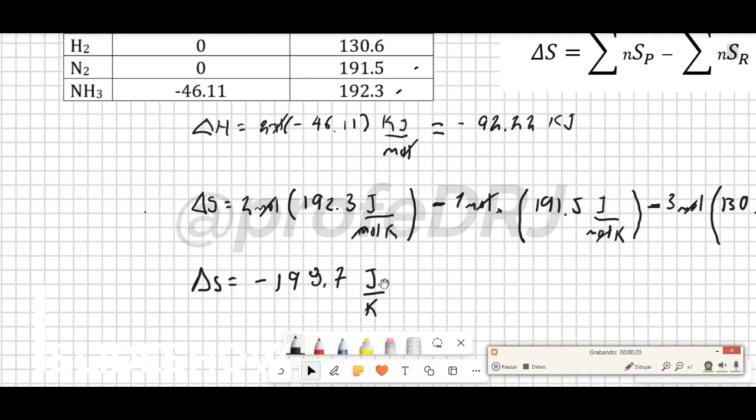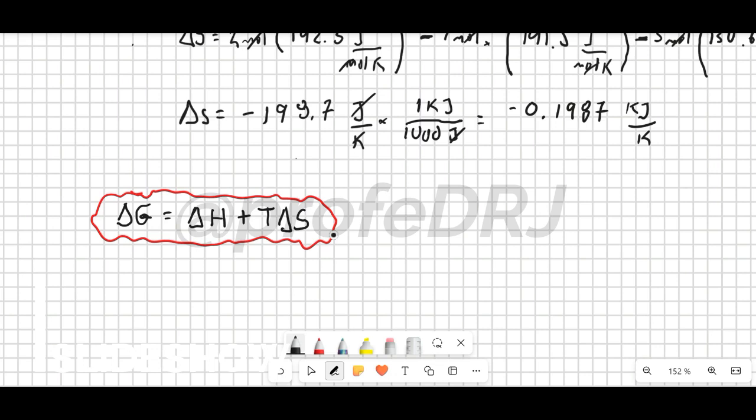Now we need to convert this value to kilojoules because we have here this value. How do we do it? 1000 joules is 1 kilojoule. Cancel here and cancel here. So this is 0.1987 kilojoules by Kelvin.